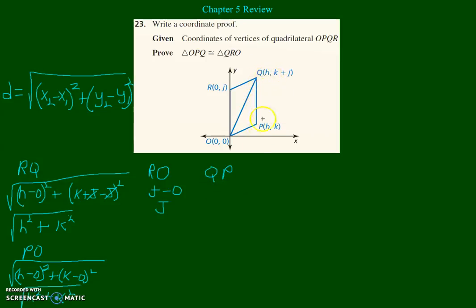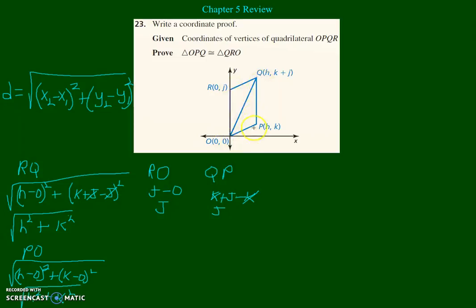You can see that the x coordinate is exactly the same, it's h, so Q is directly above P. So it's going to be the difference of those values. So we have k plus j minus k. That's a minus sign. Well, k minus k, those cancel out, and that's just j. So here we've shown that RO is j and QP is j.